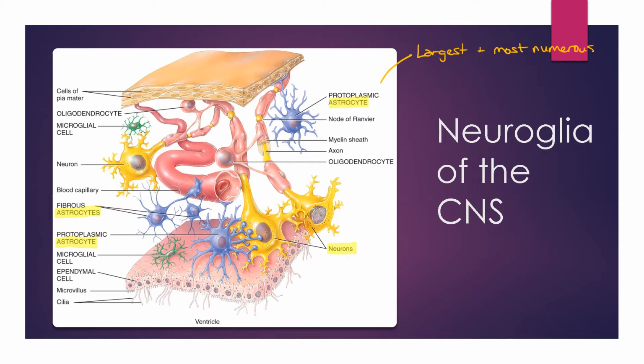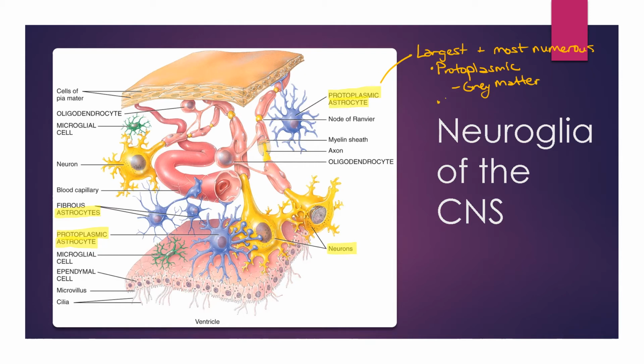Now there are 2 types of astrocytes. There are the protoplasmic, and you can see a couple of those here. Protoplasmic astrocytes have many really short branching processes. They're going to be found in gray matter in the central nervous system.